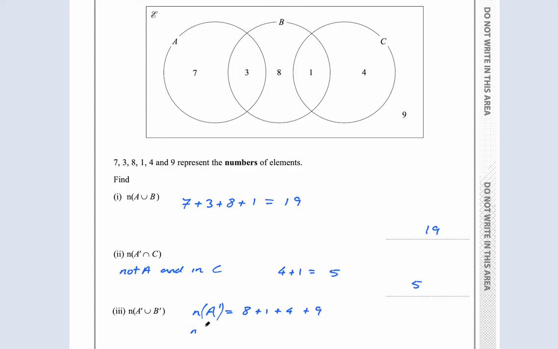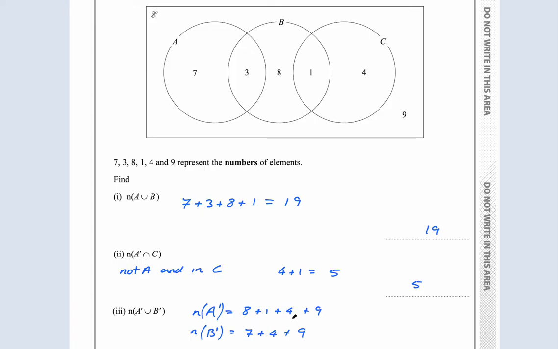The number of elements that are not in B will be, let's look at what's, this is B. What's not in B? Well, 7, 4, and 9. So I have my 7 plus 4 plus 9. Now, I've already included these 9, so I need to be a bit careful here.